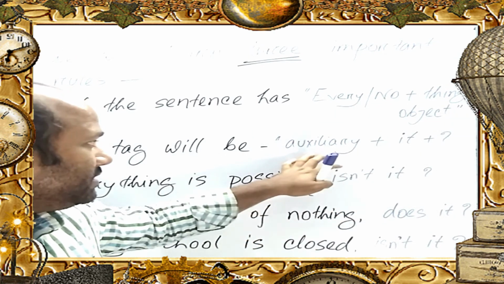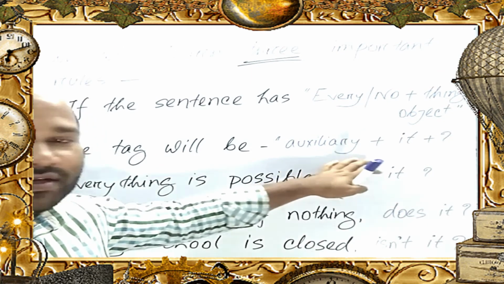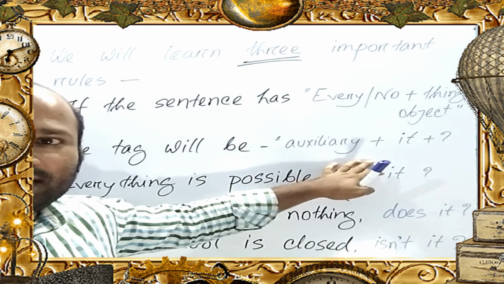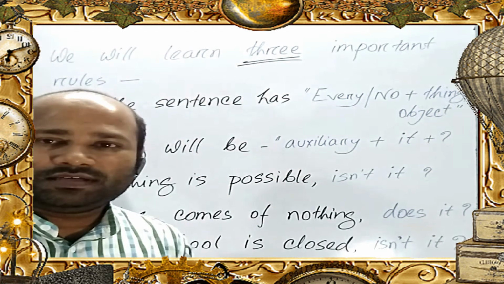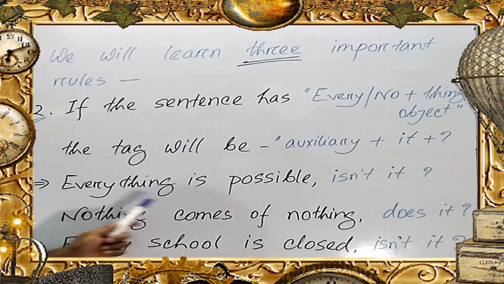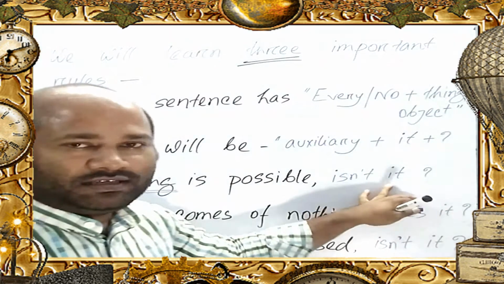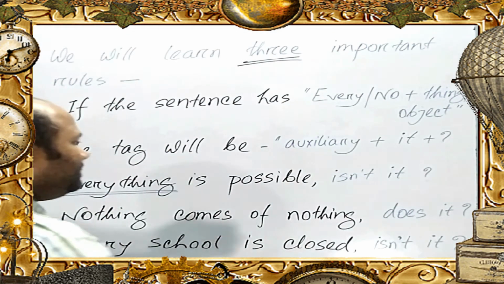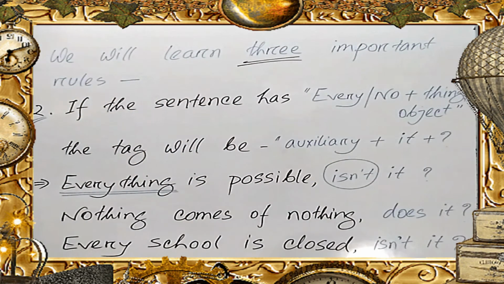If the sentence is affirmative, you have to use auxiliary plus n't, or if it is negative, you will use just auxiliary. So with everything, it is a singular subject, and as it has every plus thing, we will use it, and as it is in affirmative form, you have to use isn't.